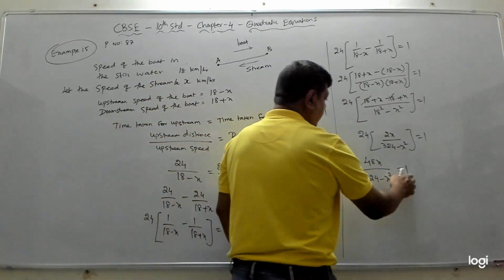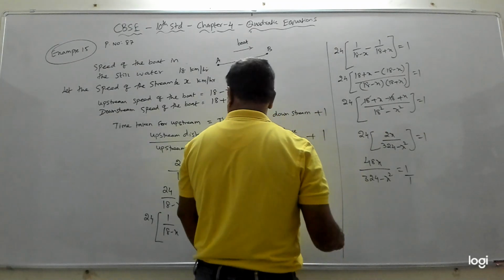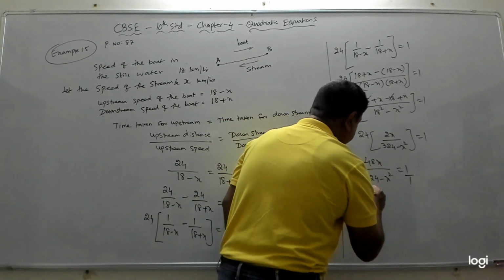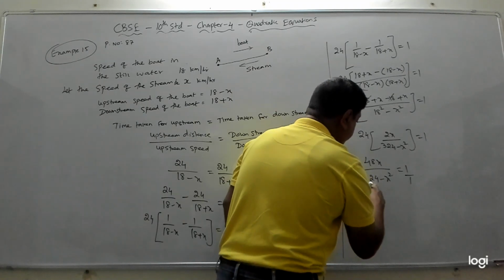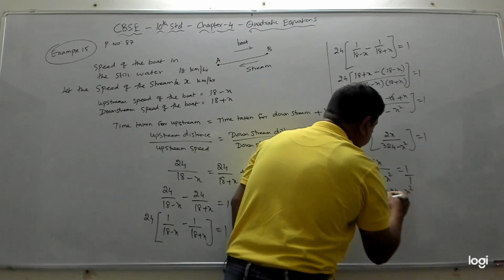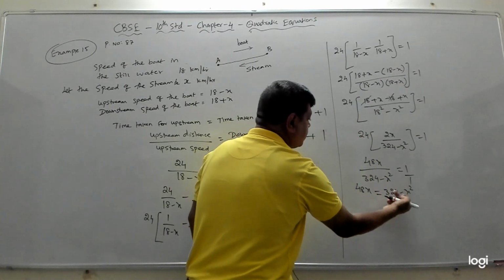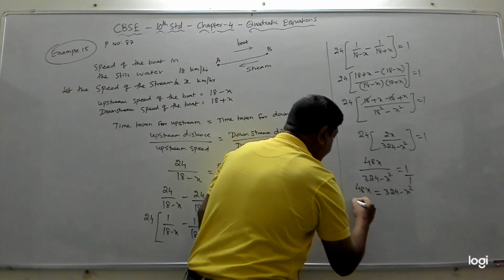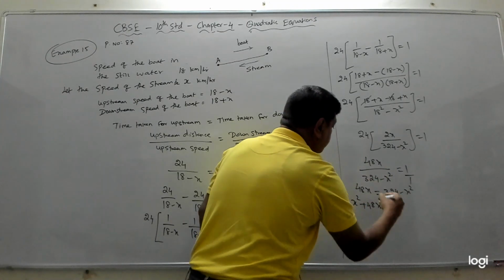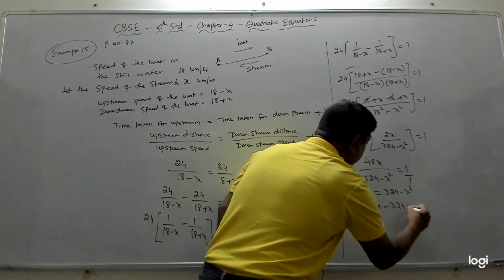Now again cross multiply: 48x equals 324 minus x square into 1. If I bring these two to this side, I'll get x square plus 48x minus 324 equal to 0.